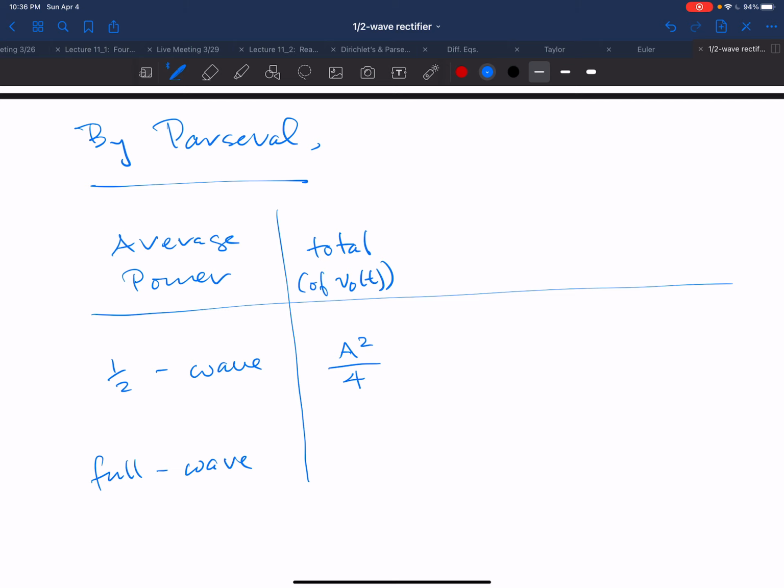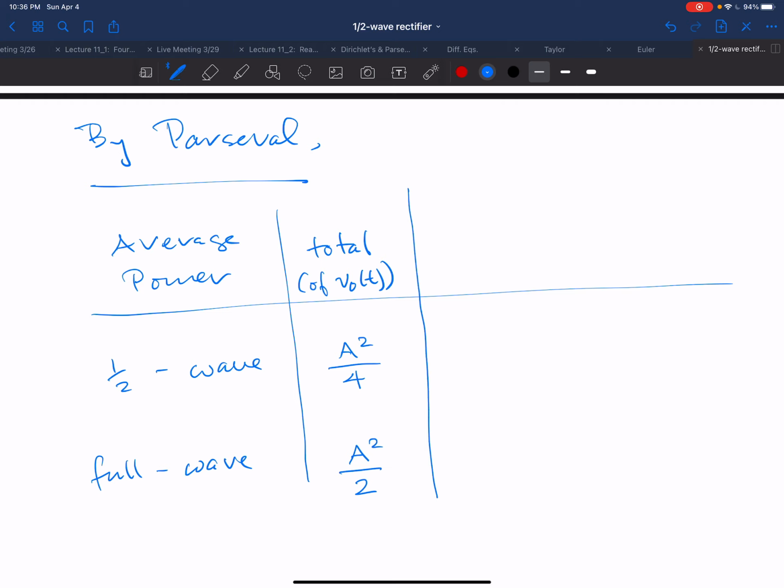It's 1/2 a squared. We saw that that was the power of a real sinusoid of amplitude a. So with the half-wave rectifier, you are, as you would expect, just getting half of that average power, so you get a squared over 4. Whereas with the full-wave rectifier, you get all of the power of the input sinusoid.